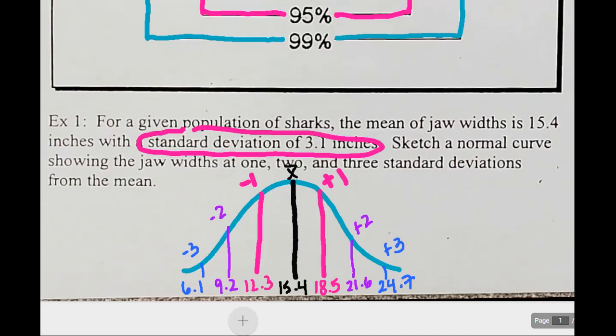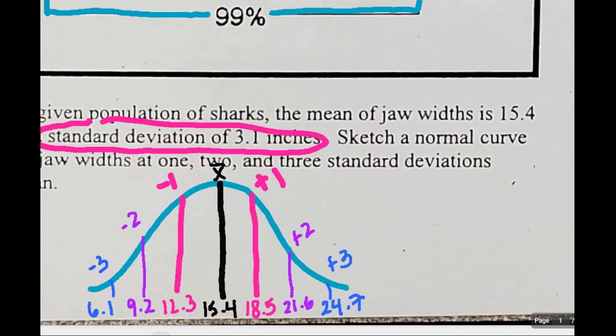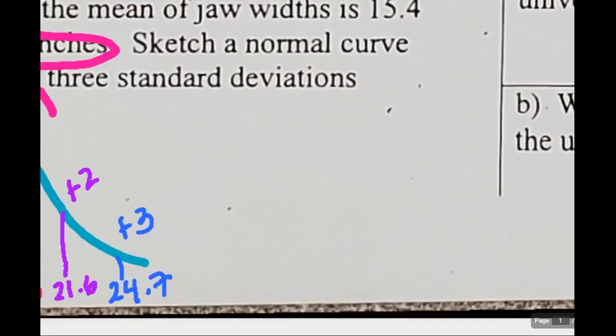Now, just so you understand, let's say I wanted to figure out how many deviations out a particular jaw width is. So we have something called a z-score. I'm going to write it here, but I'm going to zoom in so I can write. A z-score is how many deviations off a particular value is.